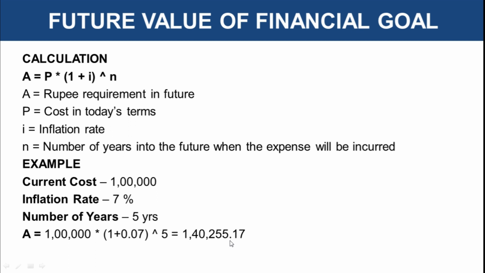Now you know that you need 1,40,255 rupees. So you should consult your financial planner or advisor, and make an investment that would help you achieve this particular amount. So now you have a target set in mind of how much money you want.